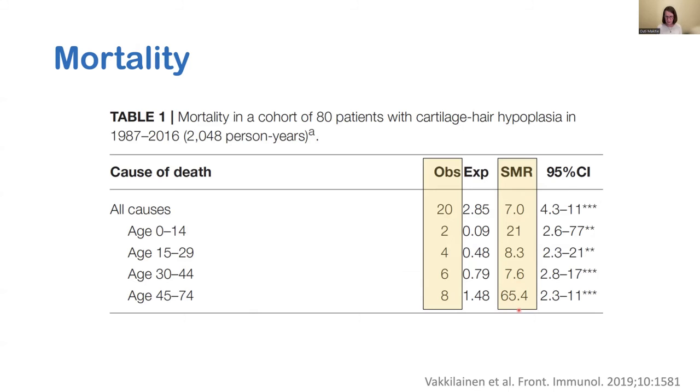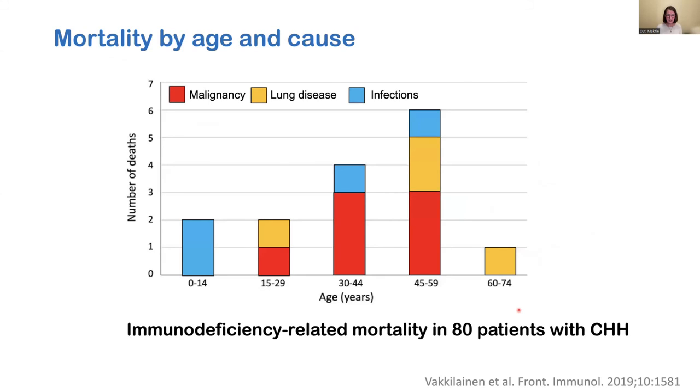This of course explains why we did not find surviving older adults in our initial recruitment. Here is a distribution of the mortality causes across different ages: infections early on, but then malignancies and lung disease with this bronchiectasis.